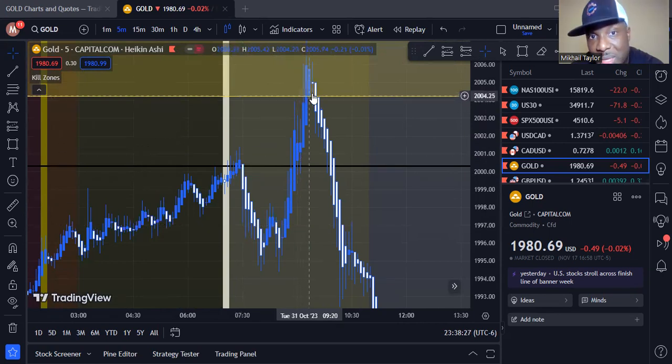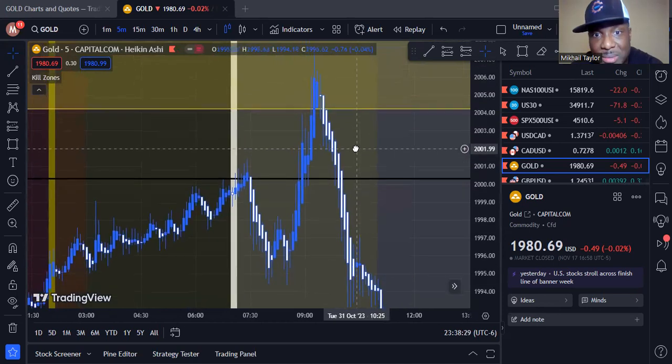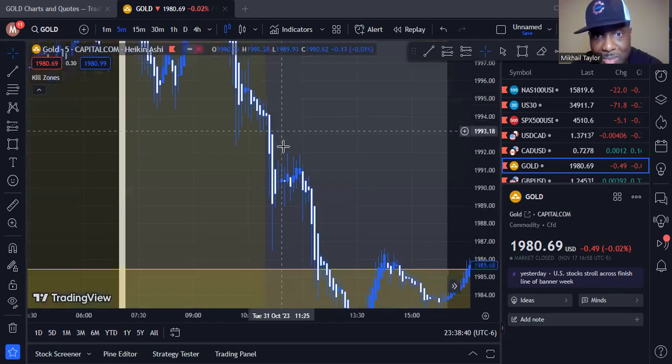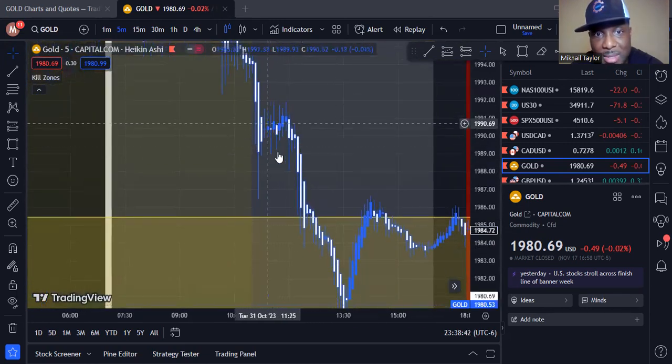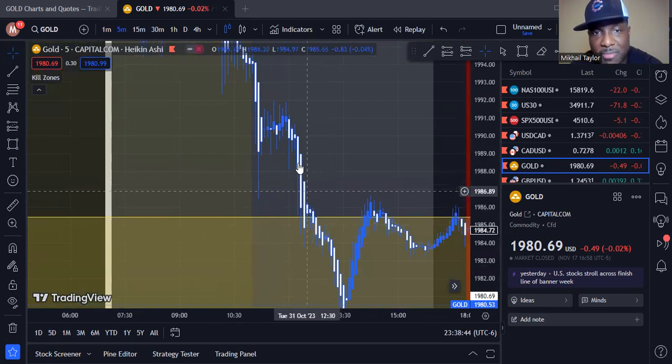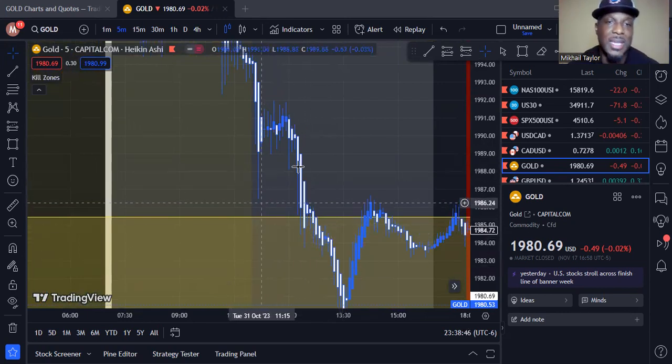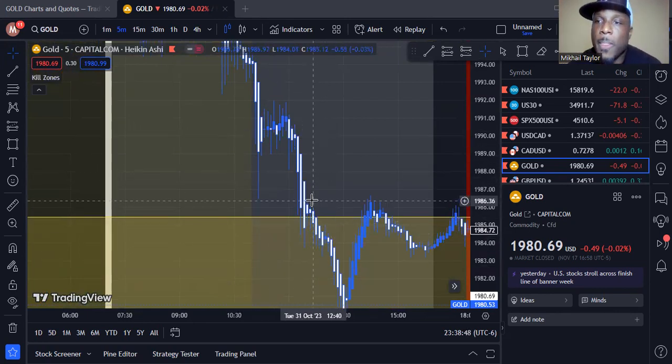So that may have been an opportunity. And I probably would have waited for this to get to here, to this candle. Then I would have took this, set my stop loss up here, and let it ride. Now that would have been good to be a part of that. Like, this is what I want to refine my understanding to get in on these type of trades.